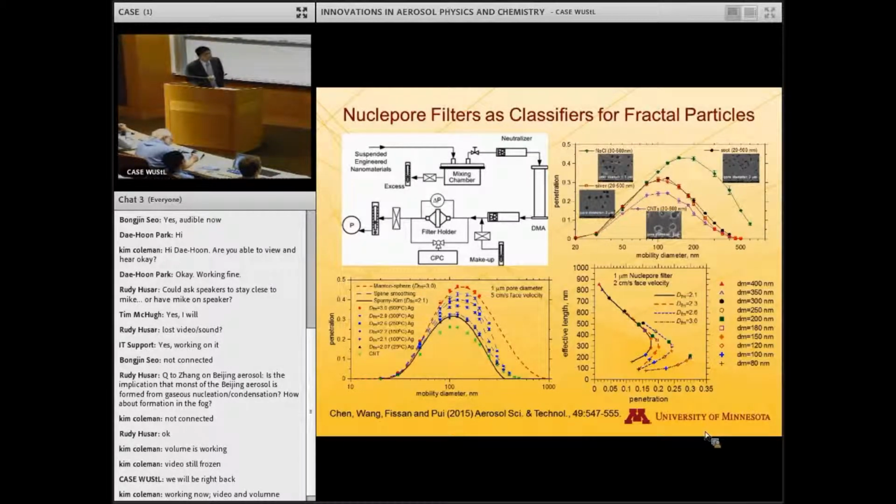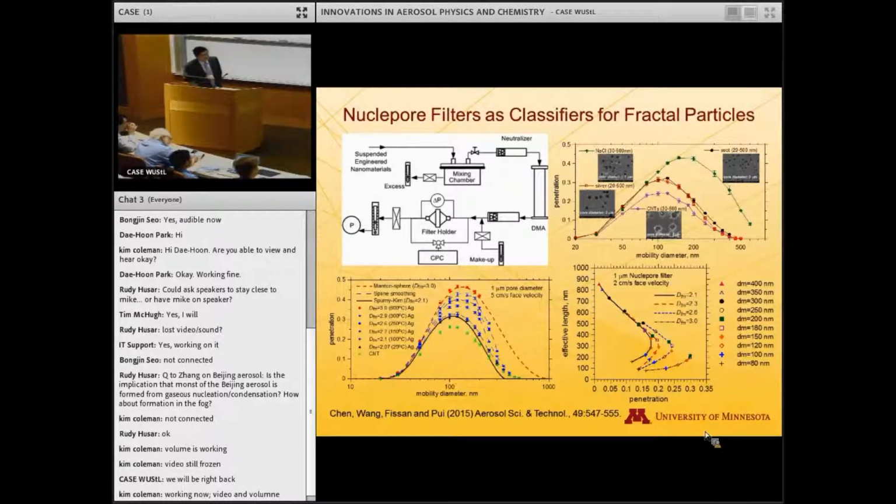If you look at the right-hand curve here, the top one is for sodium chloride, near spherical particles, and the second one is soot, the black symbols. The third is silver agglomerates, the red one, and the purple ones are for carbon nanotubes. You can see that there's a clear separation between particles of different fractal dimensions.